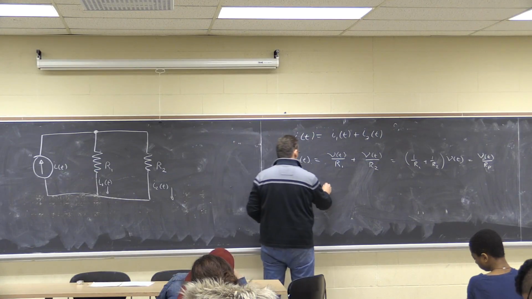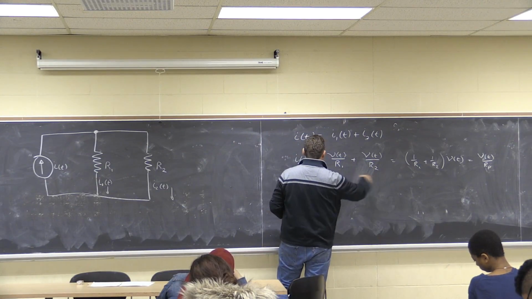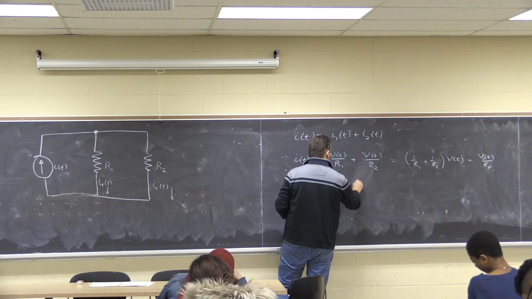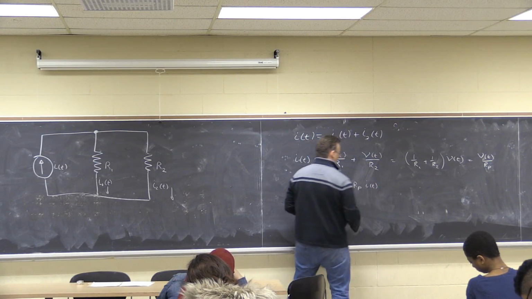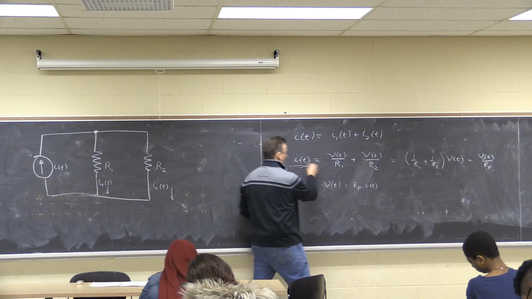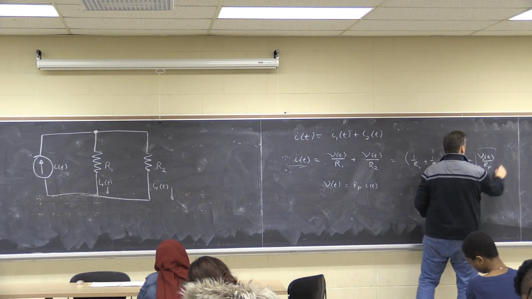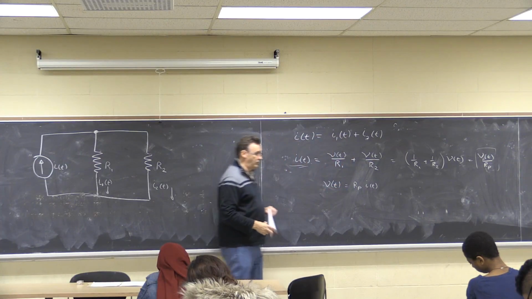So that tells me that V of t is equal to Rp times I of t. Okay, so I've just taken that term and this term and rearranged it to make this equation.